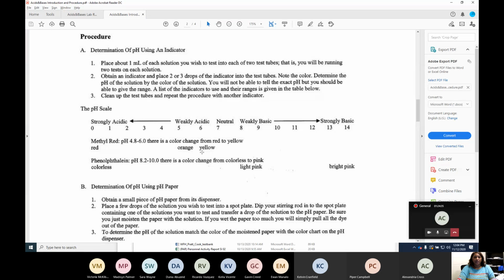But if your color change is from red to yellow, then you can have a range somewhere between 5 and 7. An orange color will put you right there between 5 and 6.